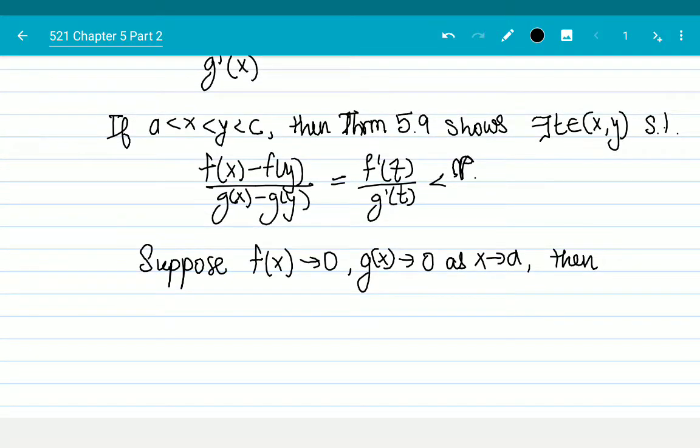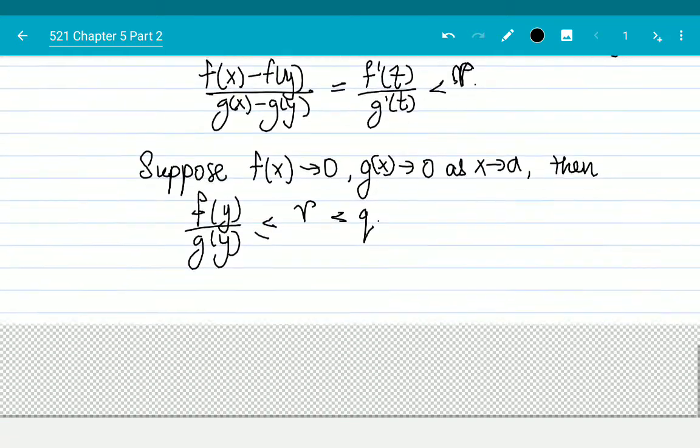The left hand side, f of x is going to 0, g of x is going to 0, so I get minus f of y over minus g of y, which is just f of y over g of y, smaller than or equal to r. In the limits, you generally have smaller than or equal to, which is still strictly smaller than q.